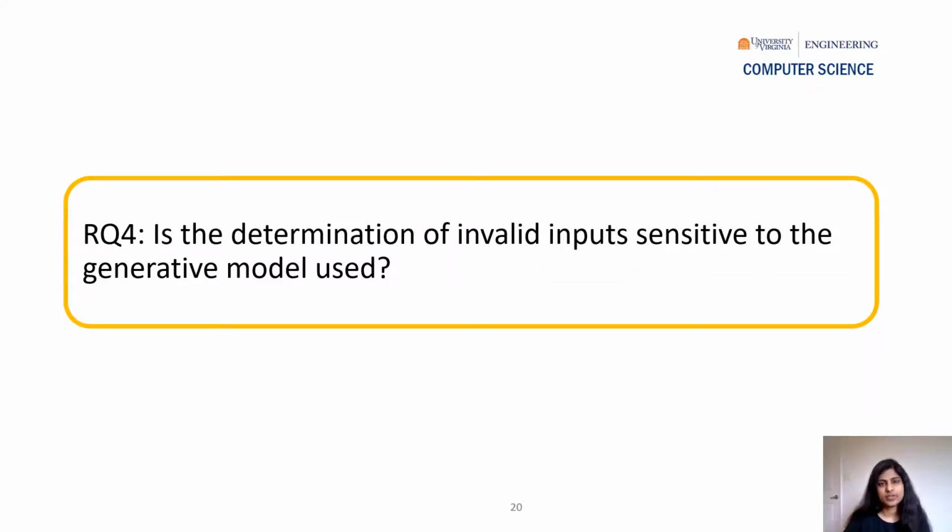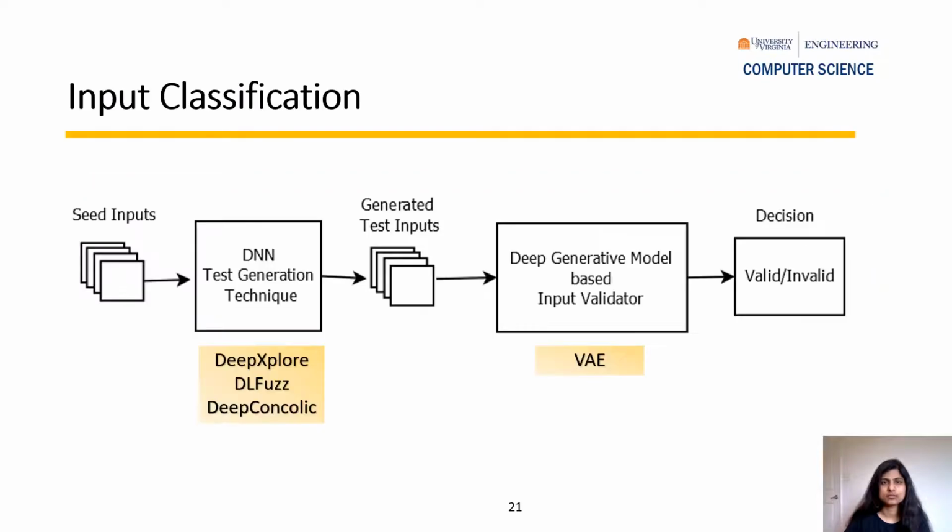So the VAE detected a number of invalid inputs in the test generation techniques that we explored. Is this true for other generative models? Here is the setup where instead of a VAE, we use another generative model, PixelCNN++. The probability density output of the PixelCNN++ is used to classify the test inputs as valid or invalid.